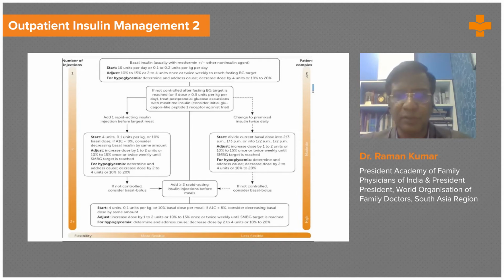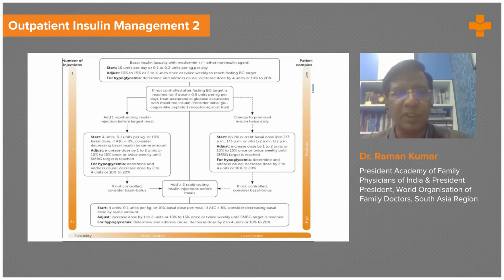So there is a calculation for how you increase your insulin doses and how you reduce them. Suppose you start with 10 units of insulin and your goal is not achieved, because you have to counsel the patient about self glucose monitoring, and you have to be in touch with the patient, until the goal set as per the guidelines is achieved.